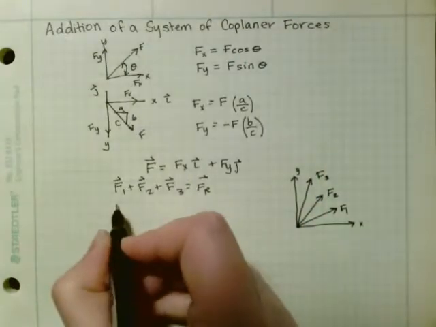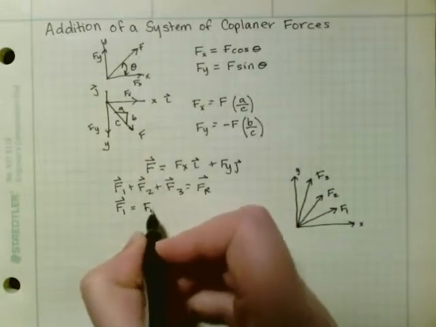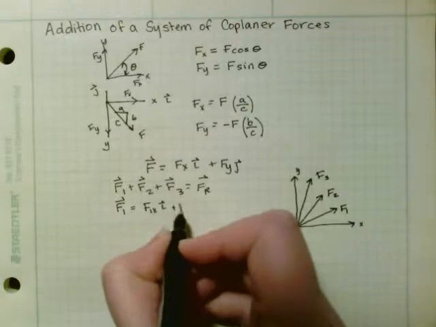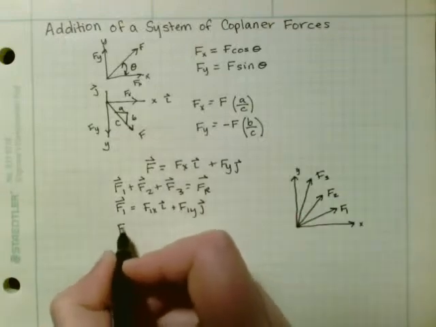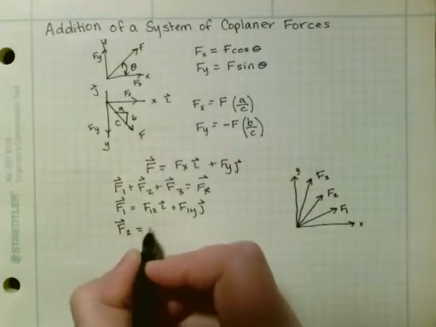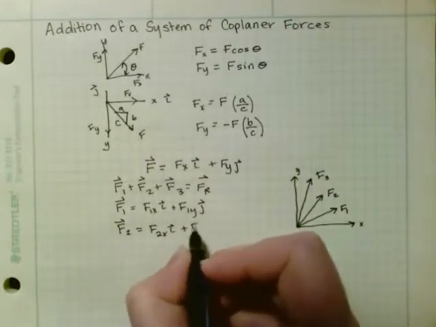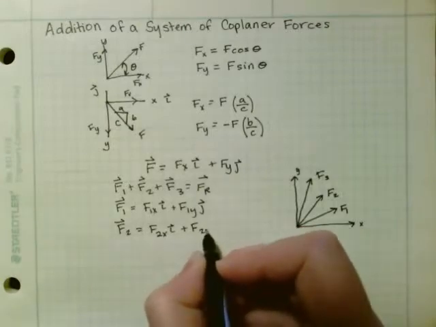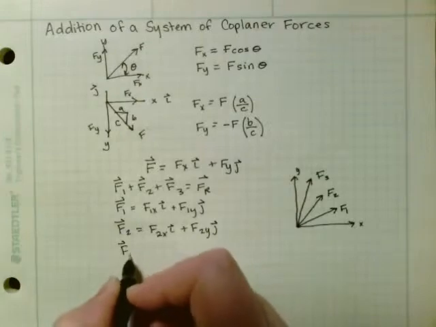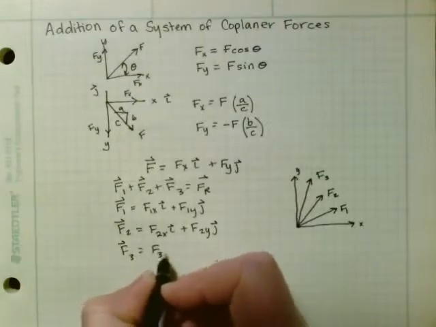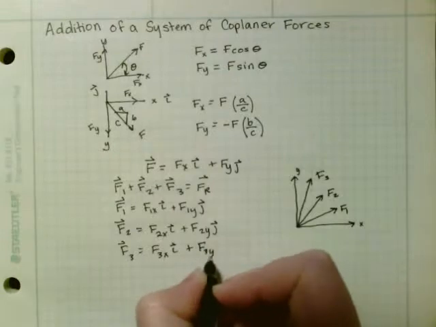So F1 can be written as F1x i plus F1y j. F2, same thing, except that we would write F2x i plus F2y j. F3 would be equal to F3x i plus F3y j.